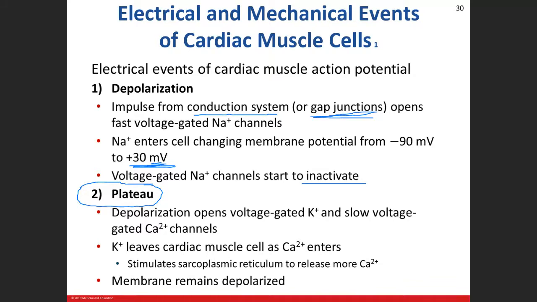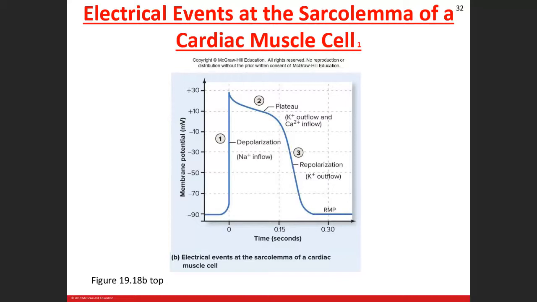I'll show you right here real fast. That's what we see here on our picture of the electrical event. -90 millivolts, the fast voltage-gated sodium channels open up, and look at that. Boom, it takes off, shoots right up in virtually no time whatsoever, goes to that +30. They shut down, they close down.